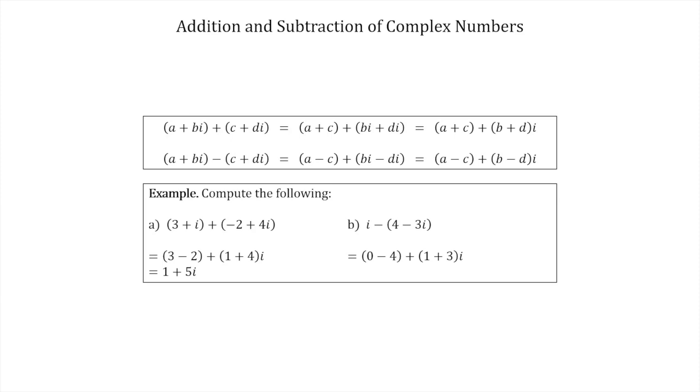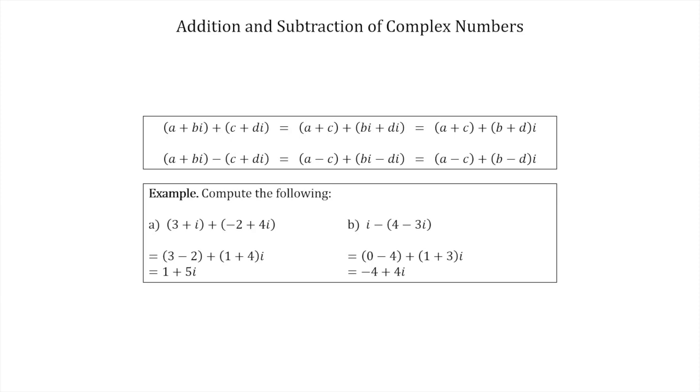We have 1 times i, plus 3. Now, why is it plus 3? Well, it's minus 3. So we're subtracting the second number, but the second number has as its imaginary part minus 3, so we get minus minus 3 equals plus 3. So 1 plus 3, times i. Work out the brackets, and we get minus 4 plus 4i.